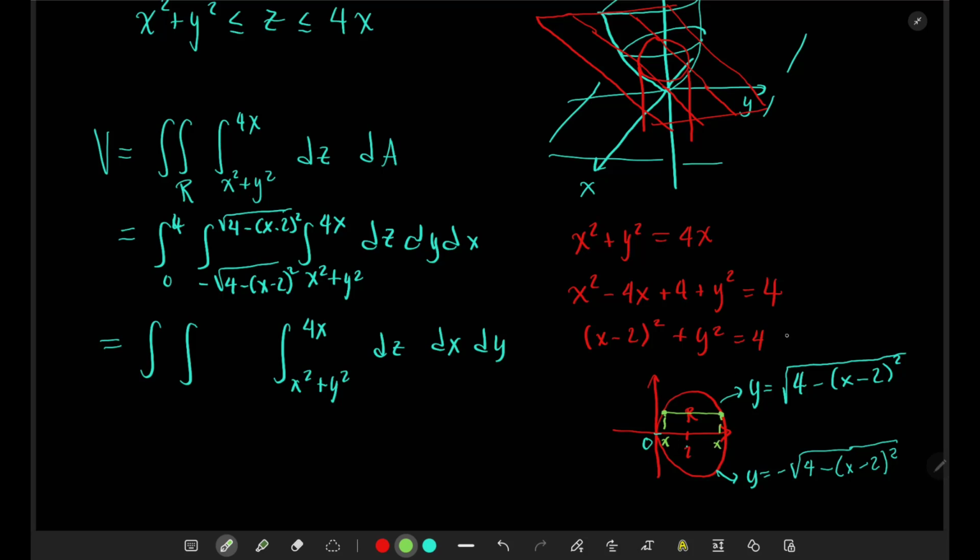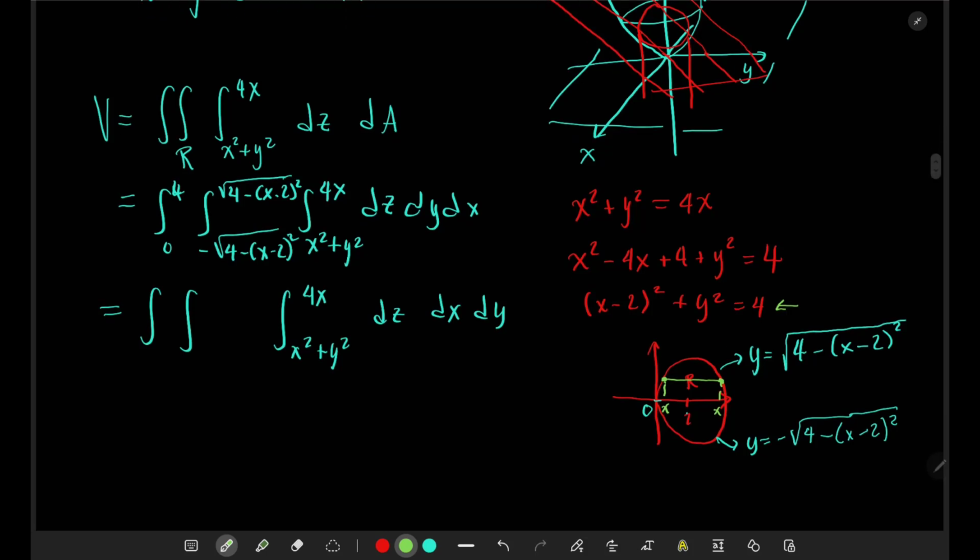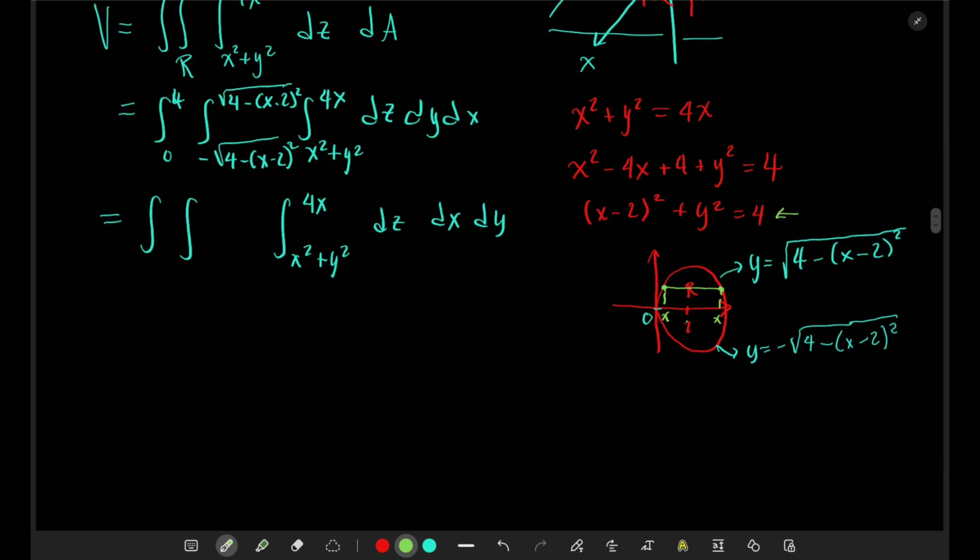Well, they're going to be obtained from this formula by solving for x in terms of y. That's going to give me my endpoints there. So let's go ahead and solve this equation now. Instead of for y, I'm going to solve for x.